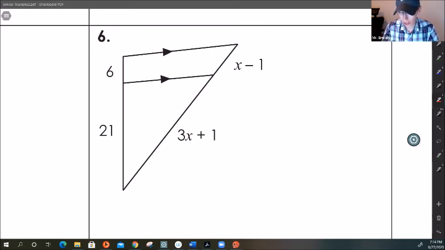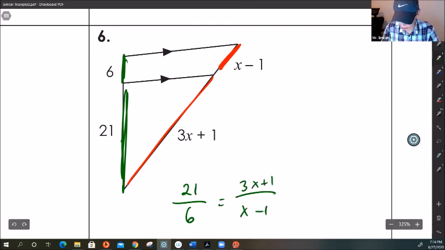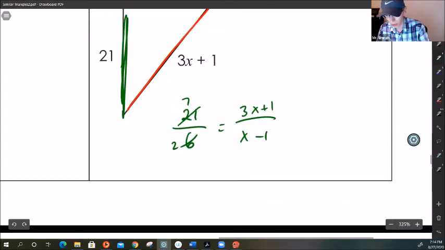Okay, I'll use the triangle proportionality theorem. This over that is going to be equal to this over this, right? By using triangle proportionality. Victor, good job. So 21 over 6 is equal to 3x plus 1 over x minus 1. And then I'll simplify this one. I want to deal with smaller numbers, divided by 3.